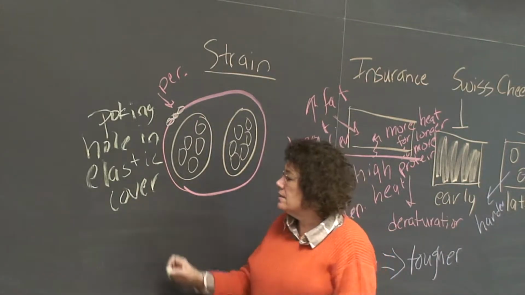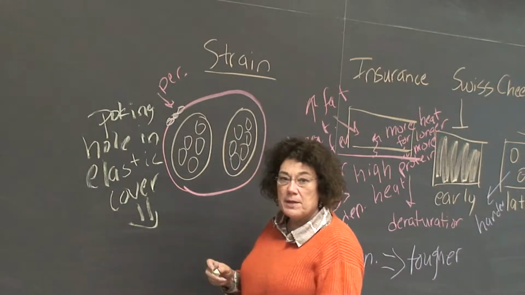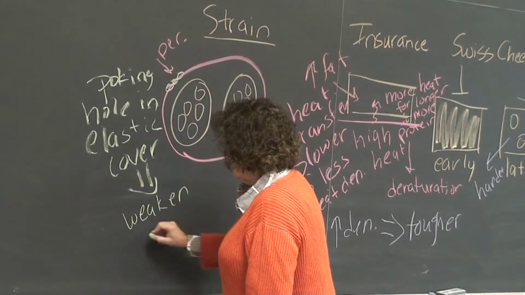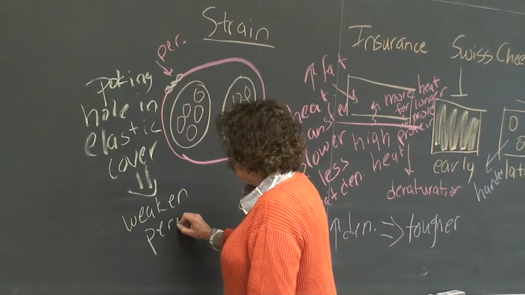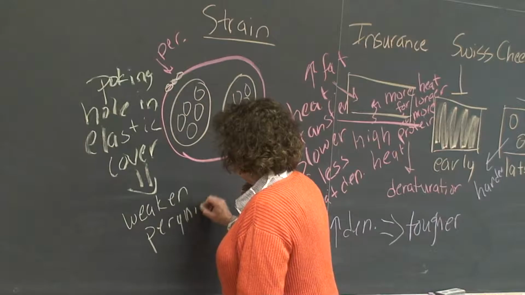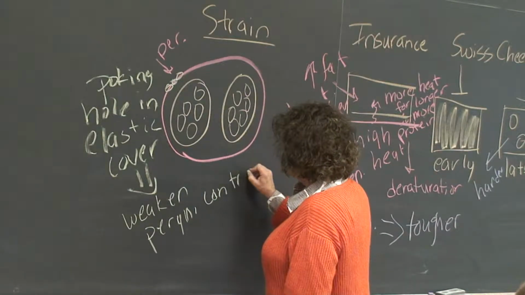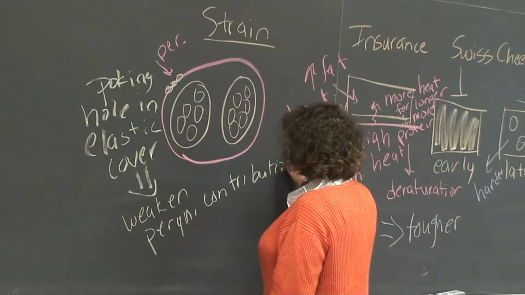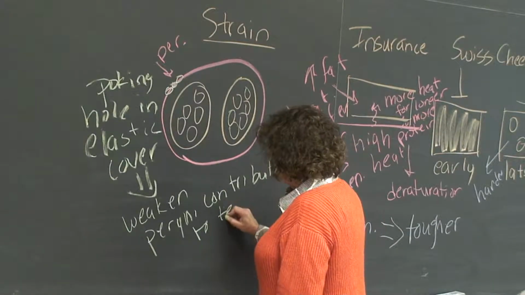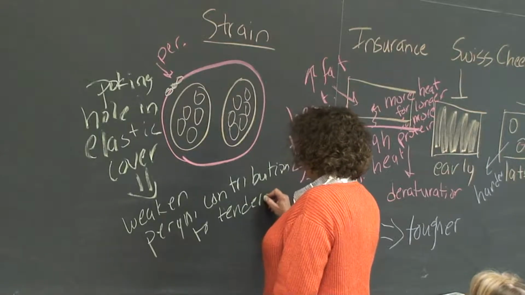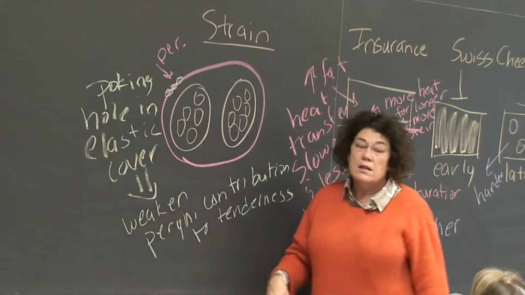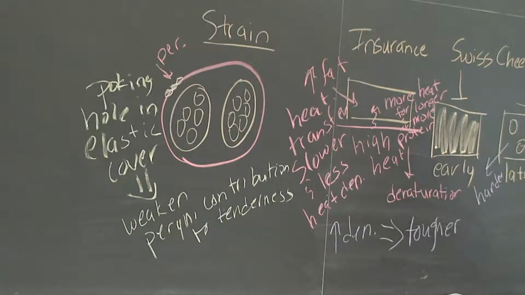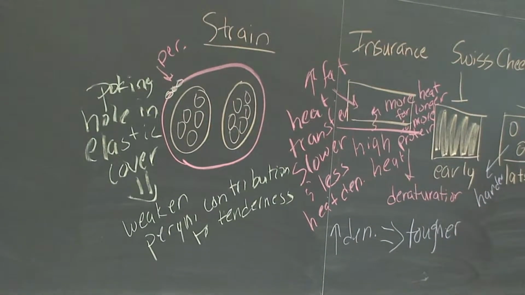The result is then, by developing marbling, we weaken perimysium's contribution to tenderness. So marbling doesn't just do one of these things, it contributes slightly in all these factors.